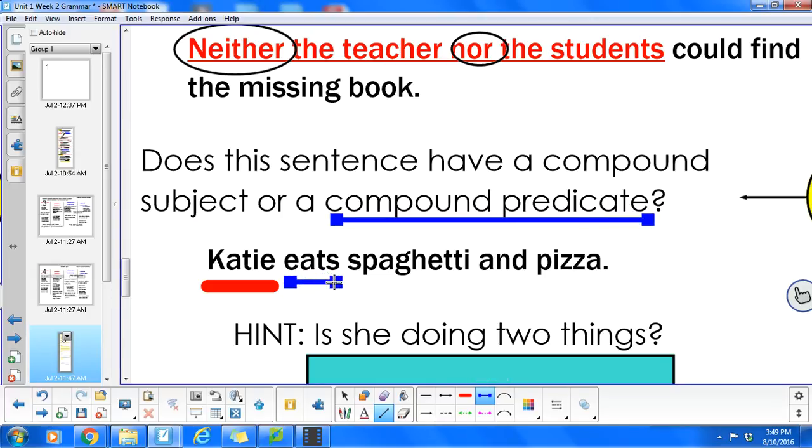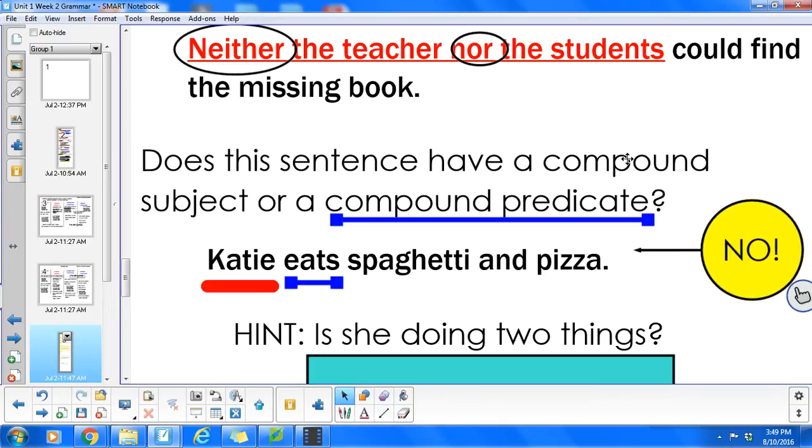Well, here I see she's eating. So is she doing two things? Well, no, she's not walking or running. She's just eating. So this sentence, it's not a compound subject and it's not a compound predicate. It's neither. It's just a simple sentence. Katie's eating. Now, she happens to be eating two things, so she'll probably be pretty full.